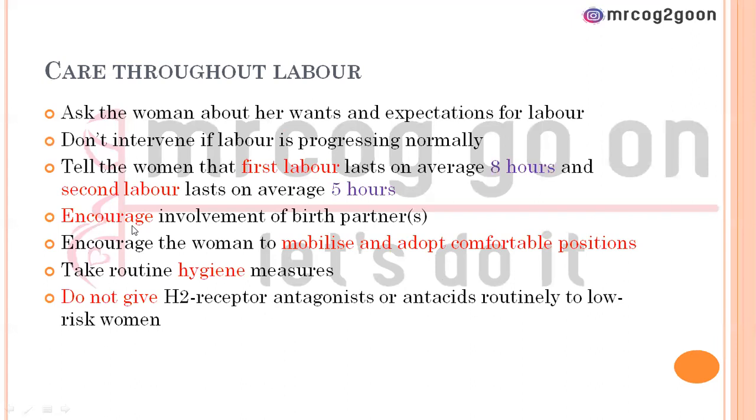Always encourage her to have a partner with her. Encourage her to mobilize and adopt a comfortable position. Also, routine hygiene. Running water is enough. Asking her to take a shower before going to labor is okay with us.